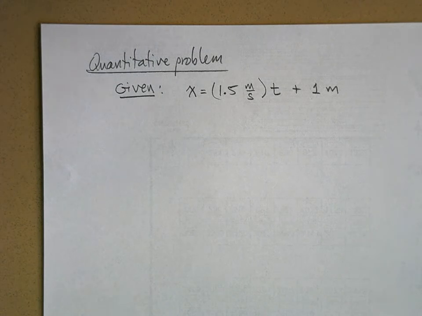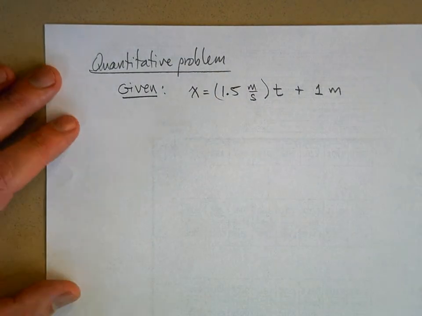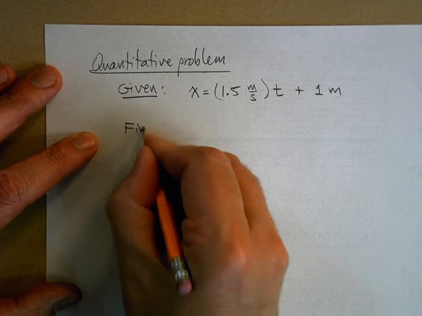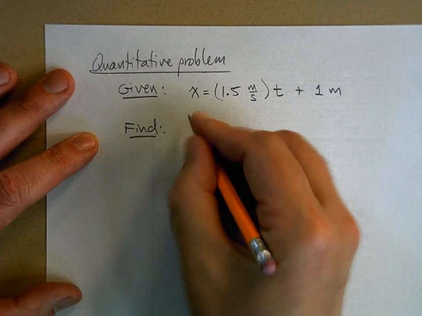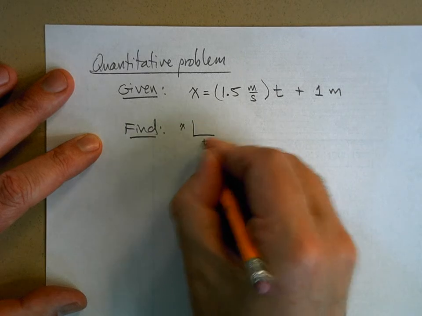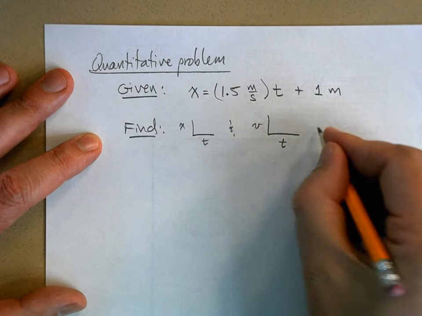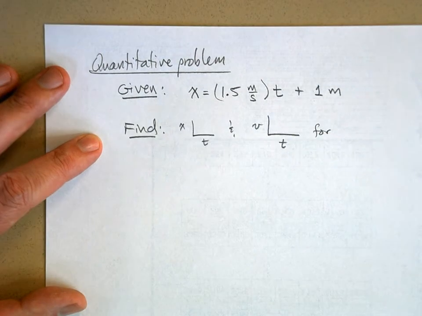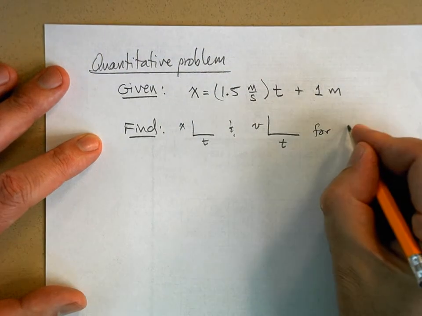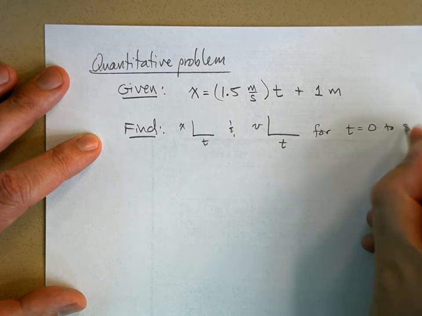Do you have to write all of that down? No, you can use what I call given, find, and solve. Given, you're given this. Find, I want you to draw a position versus time and velocity versus time for 5 seconds, for t equals 0 to 5 seconds.